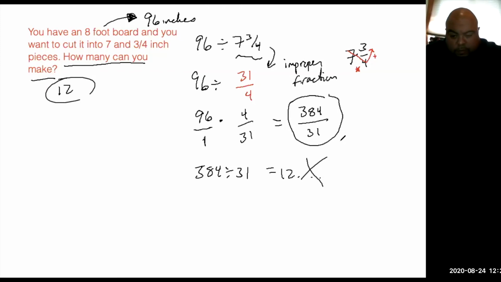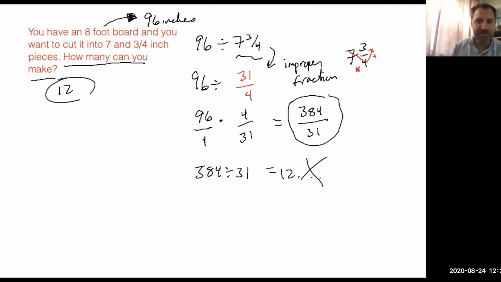Okay, so there's a real world example of doing some fraction division. Like I said, this could be done with decimals, because 96 divided by 7.75 is going to give me the same answer, and it's a little more direct way to do it. So if I was really on the job and I was trying to do something like this, I would probably just convert it into decimals.